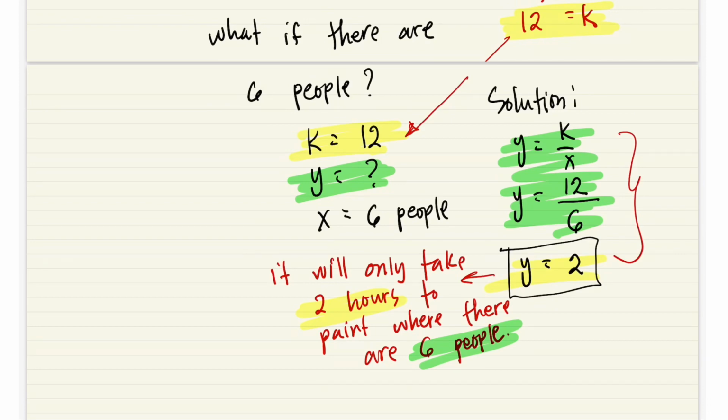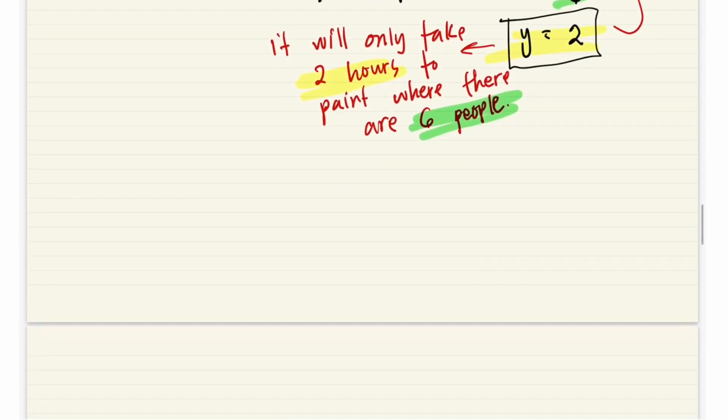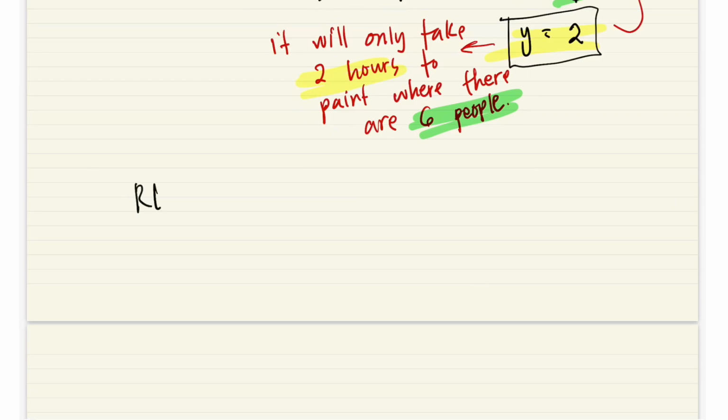So I hope it's clear about direct and inverse proportion. Now again, let's review. For direct, the formula is y is equals to k times x.